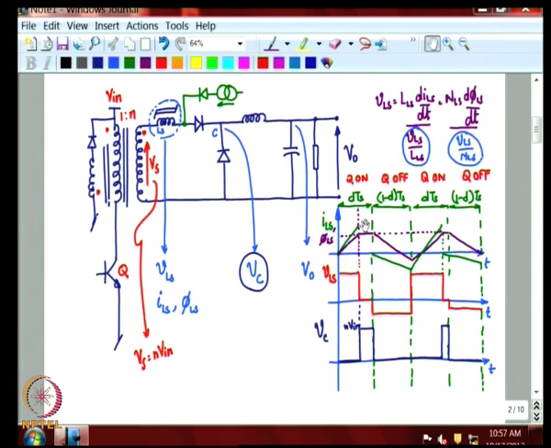It will just take the same value of the inductor current that was flowing, which gets commutated from this diode. So, during the times when Vc is high, the inductor current commutes to ILS.